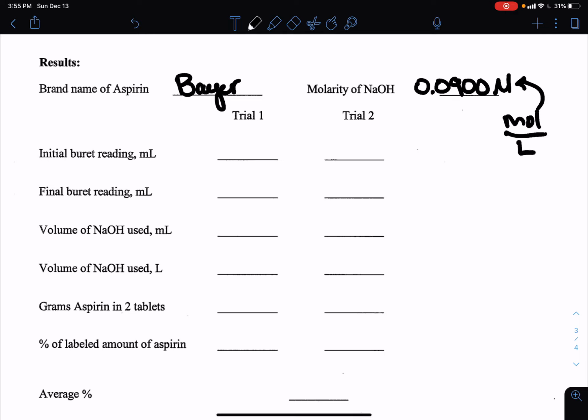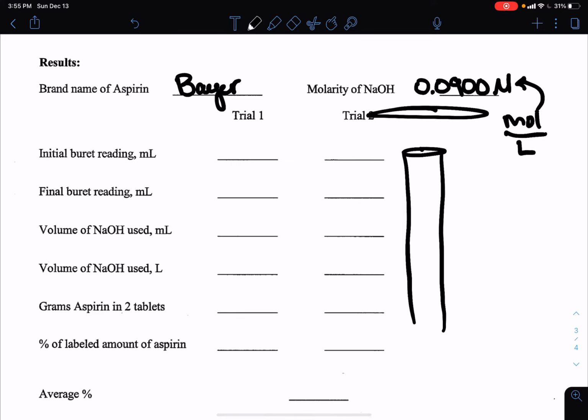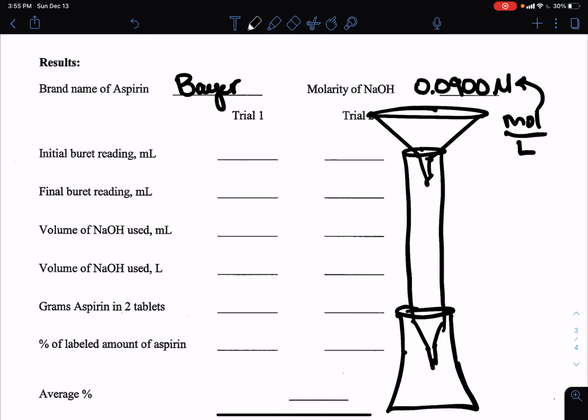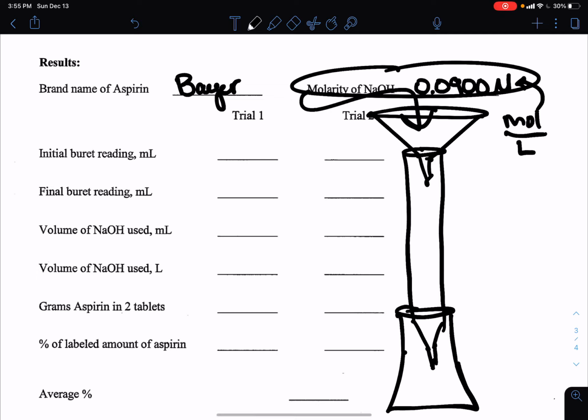Now, you're going to do a couple of trials with this. We're going to fill this long thing with base. Up at the top you'll have a funnel that goes down into the burette, and on the bottom you'll have an Erlenmeyer flask. You'll put the base into here and fill it up, and then you'll take the funnel out.